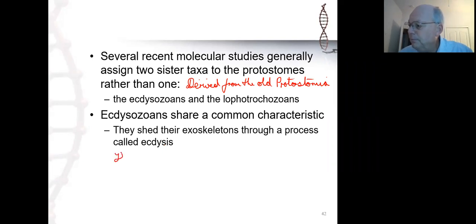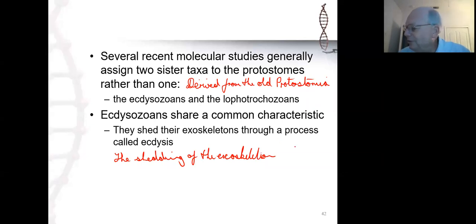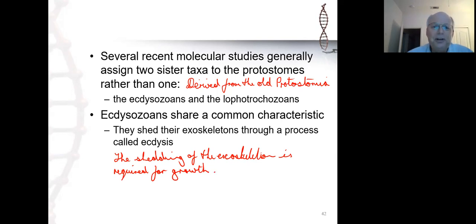So the shedding of the exoskeleton is required for growth. And it's actually triggered by a hormone.